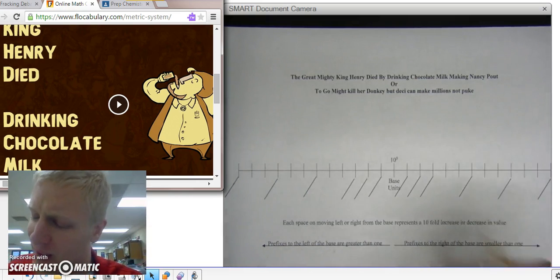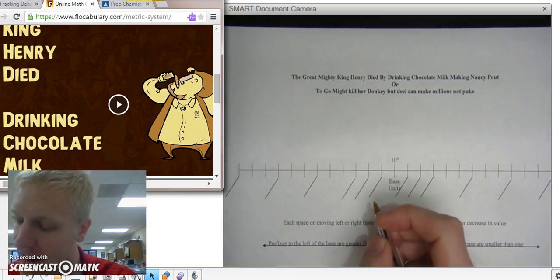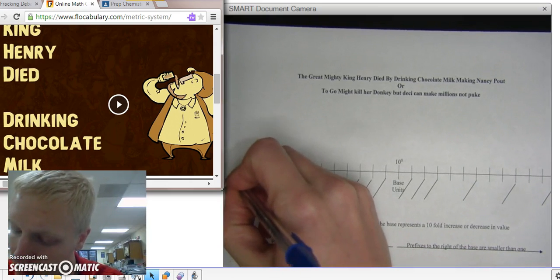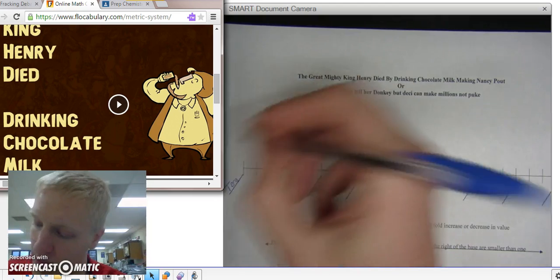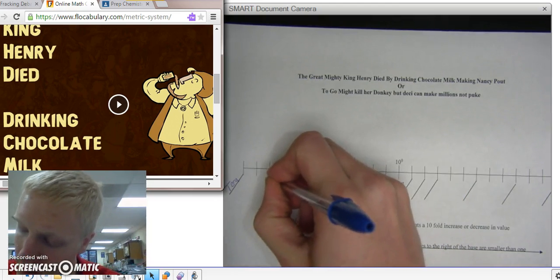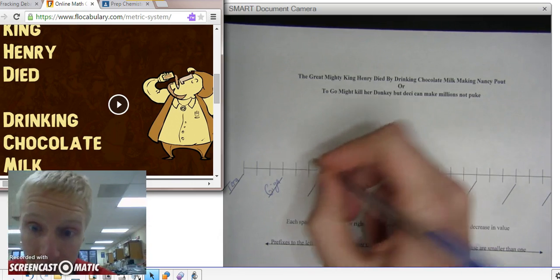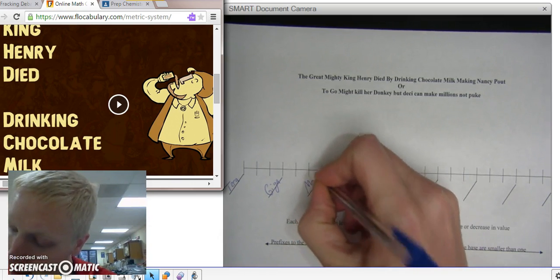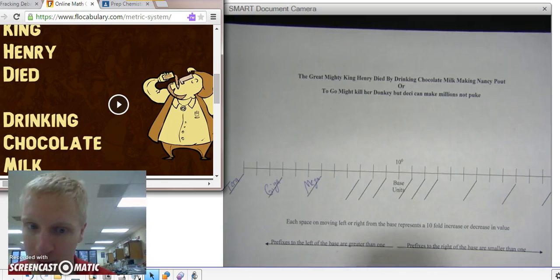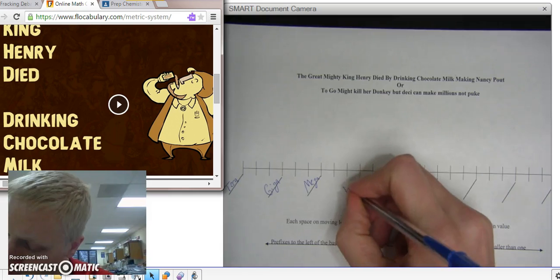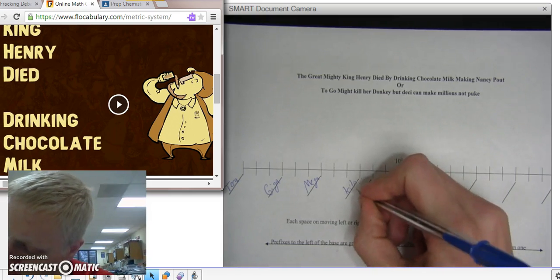Alright, so what does this stand for? The T stands for tera. So I'm going to put tera right there. G stands for giga. M stands for, or mighty stands for mega, and that's capital M, which is important, which you'll soon see. And then we've got king is kilo. Henry is hecto.